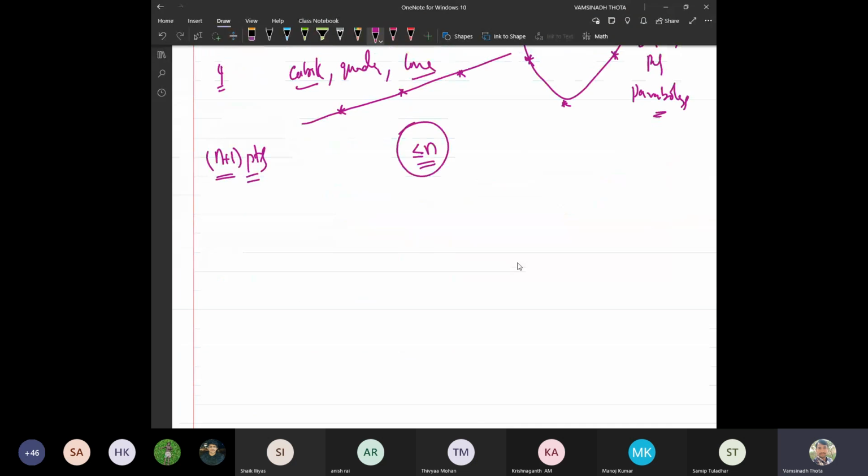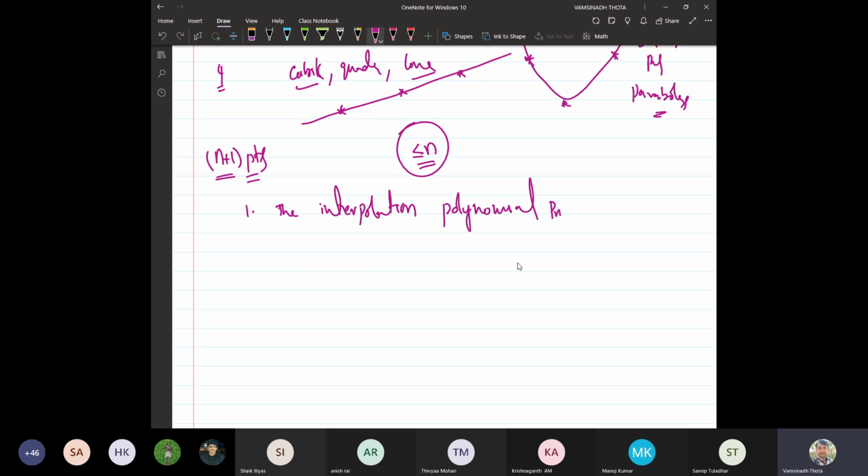So the very first condition is that the interpolation polynomial Pn of x should have degree less than or equal to n, not more than that.